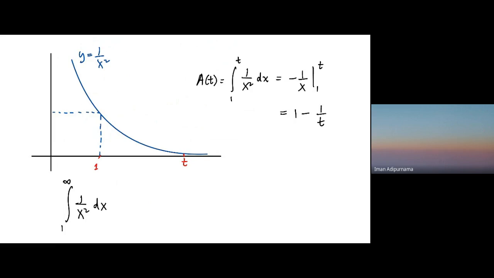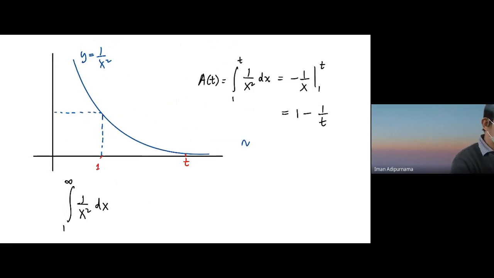Or, logically speaking, no matter how large t is, this area will be less than 1. If we have maybe 0.000 something, at least we will have something less than 1.